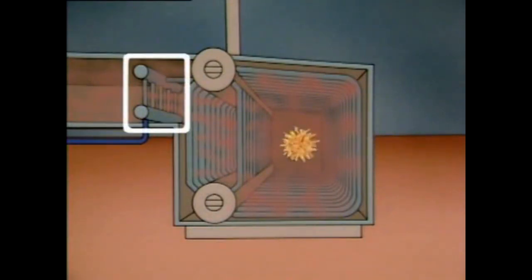One way in which boilers are made more efficient is by heating the feed water before it enters the boiler. If the feed water is preheated, the boiler will require less fuel to produce steam. A device that's used to preheat feed water is an economizer. Economizers are often used in water tube boilers.